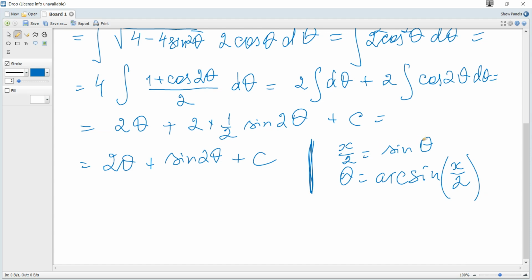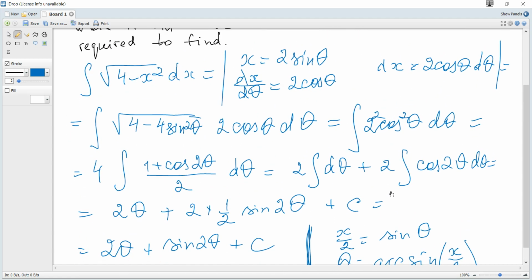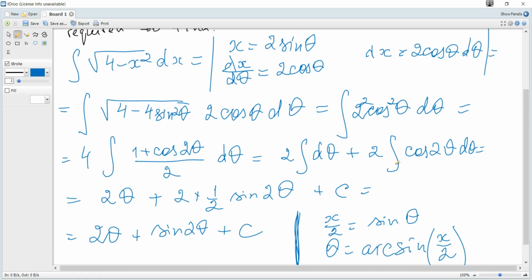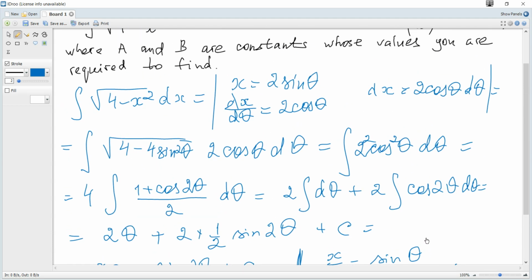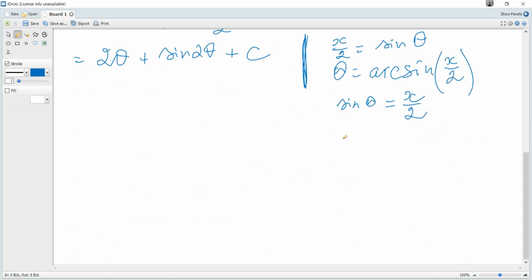Just applying the inverse function, or applying arcsine on both sides. Arcsine of sine is just the argument theta. And how to find sine of 2 theta? Since sine of theta is x over 2, what is sine of 2 theta?